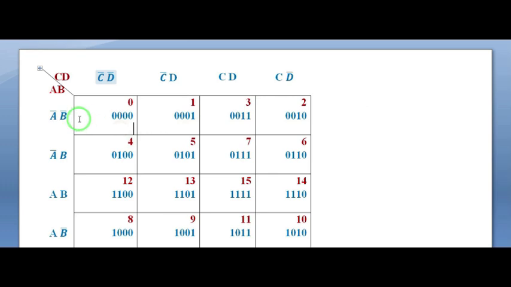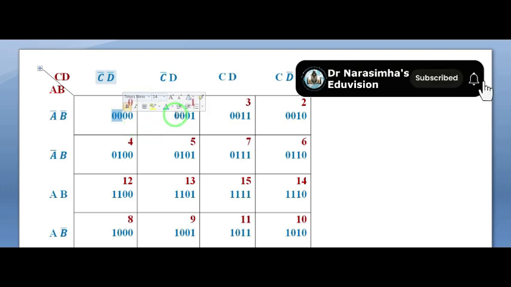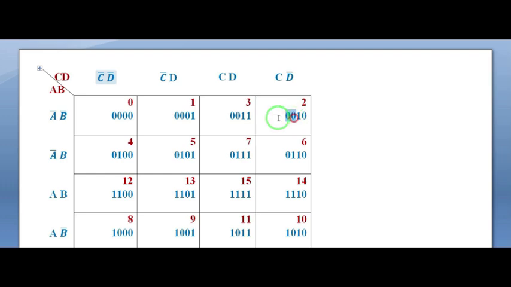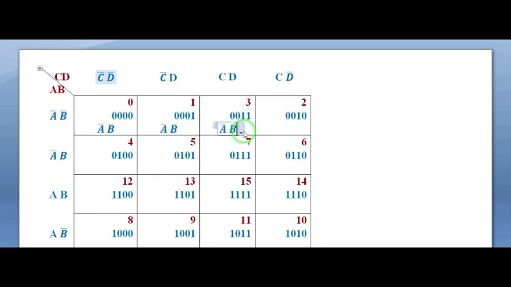Here you can see row number 1, 0 0 is common, 0 0 0 0 0 0. That means it is equivalent to A bar B bar. Therefore, first of all, write A bar B bar in every cell of row number 1.